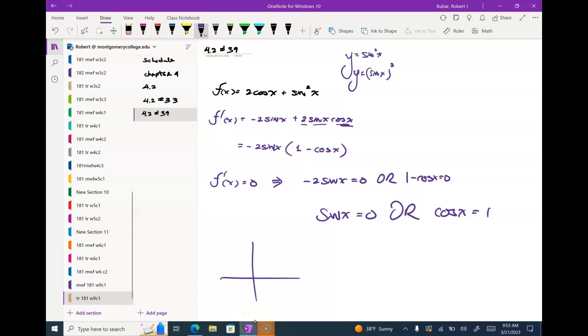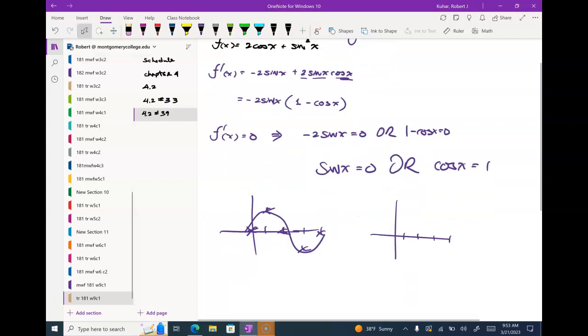So you learned how to graph your sine function and your cosine function in your trig class and in pre-cal. So sine, I'm doing those quads, I can see every pi. So x equals k pi. And then if I do cosine, I only get it at even pi's.